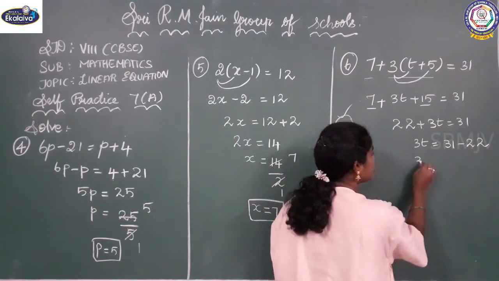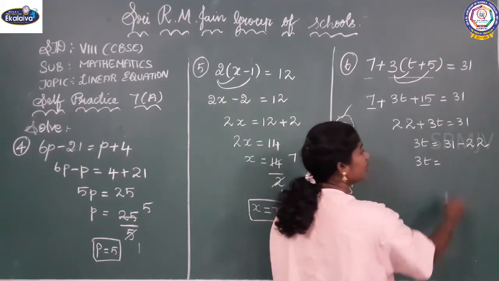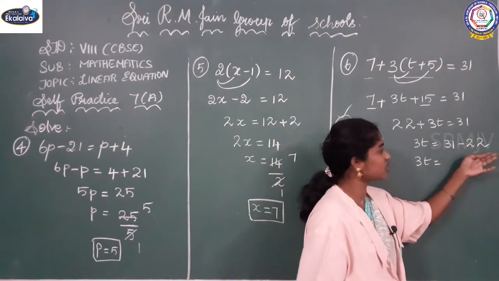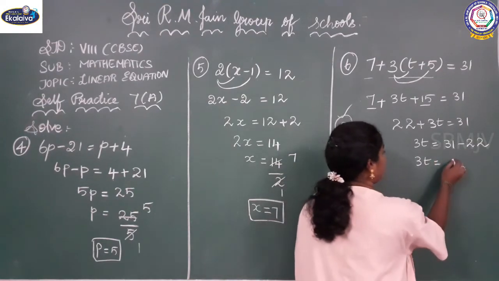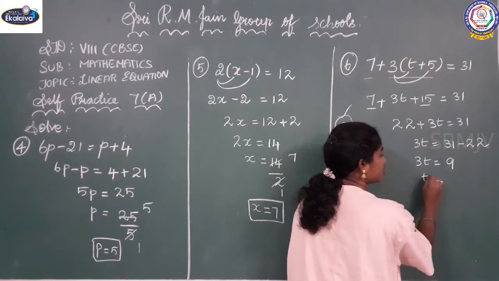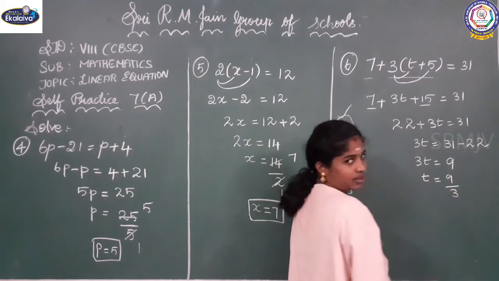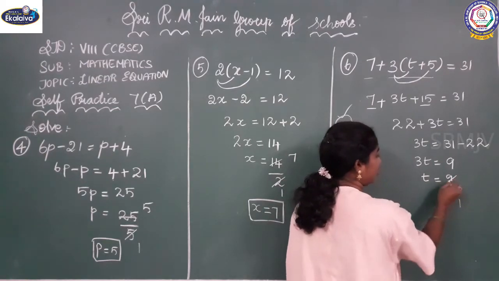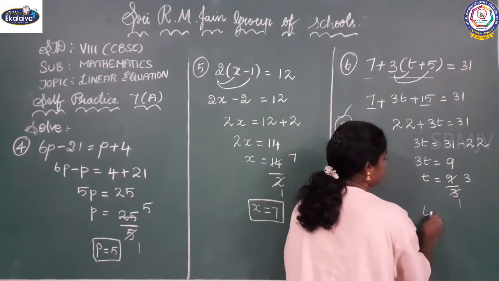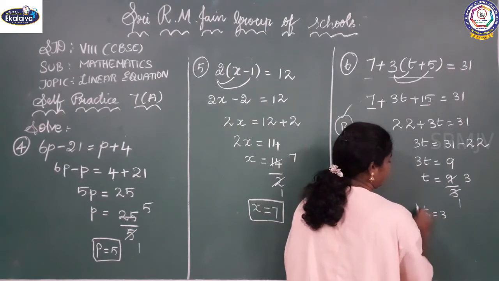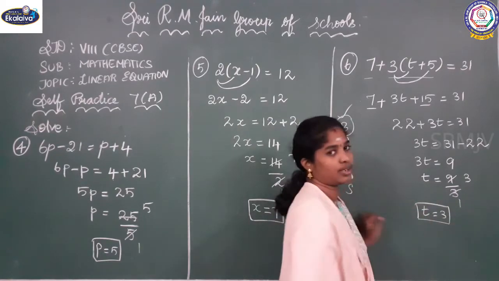So 3t is equal to, what is 31 minus 22? 9. So t is equal to 9 by 3. 3 ones are 3, 3 threes are 9. So t is equal to 3. The value of t is 3.